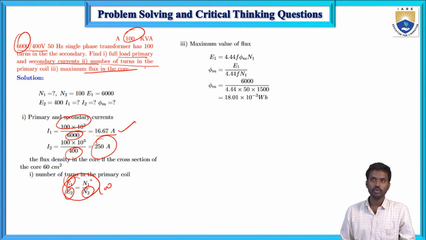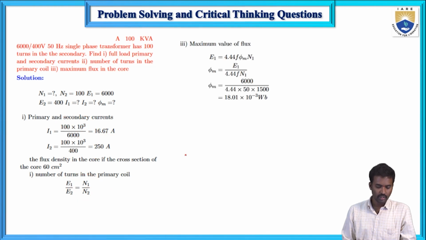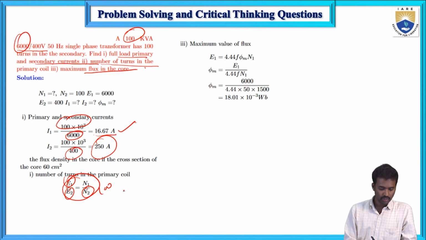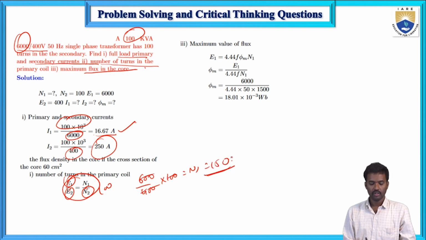So from this you can determine N1. So 6000 divided by 400 into 100 equals N1. So N1 equals 1500 turns.